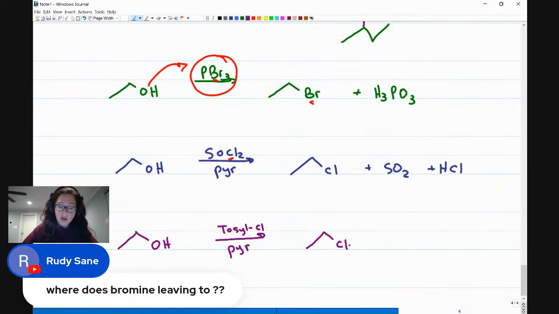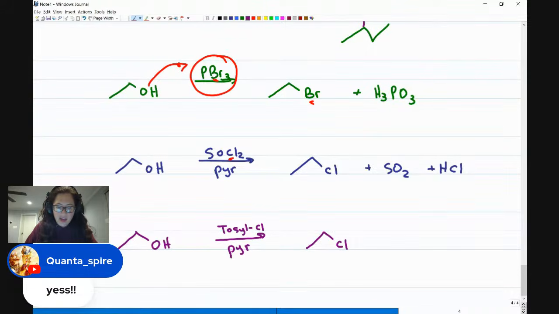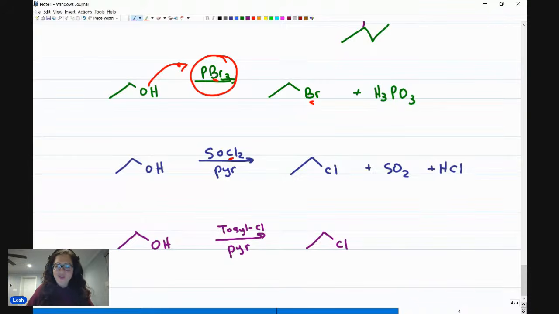And this, once again, will give me a chlorine in place of the alcohol. Aaliyah, we can, and Quanta is taking the ACS, so you definitely have to know what this looks like. If you have any questions so far on what we discussed, go ahead and type it in. In the meantime, let's move on.